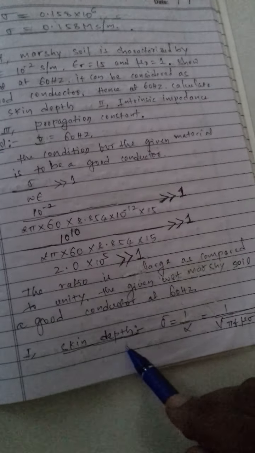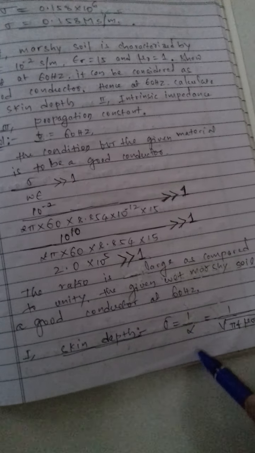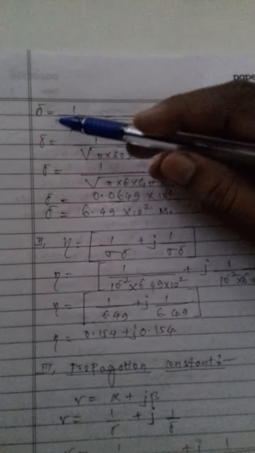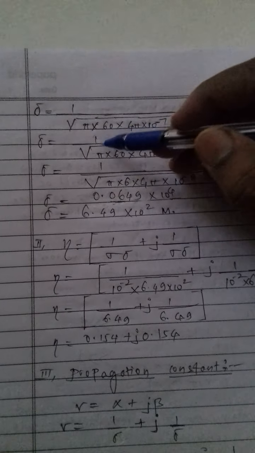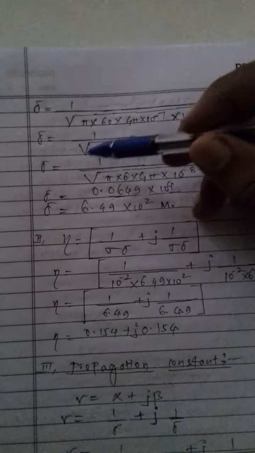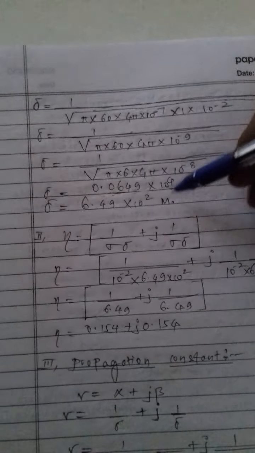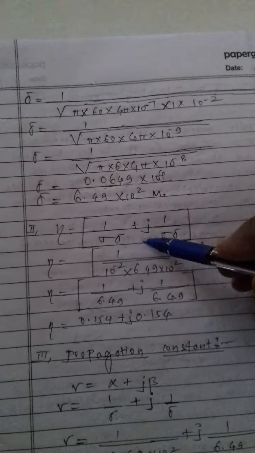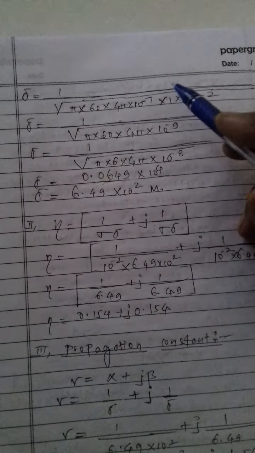So the skin depth delta is equal to 1 upon alpha is equal to 1 upon square root of pi f mu sigma. Delta is equal to 1 upon square root of pi f mu sigma is equal to 6.45 into 10 raised to 2, and neta is equal to 1 upon sigma delta plus j 1 upon sigma delta.